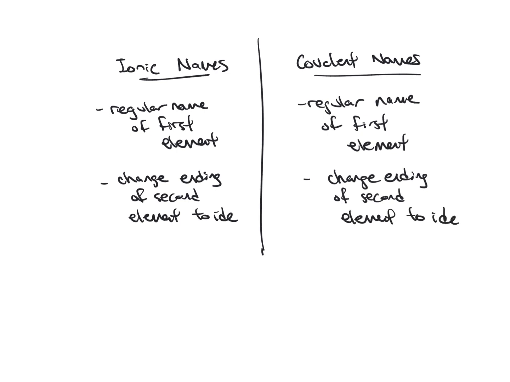Okay, so those are the two similarities. Now, differences: for ionic compounds, since they have multivalent metals, sometimes you need a Roman numeral.